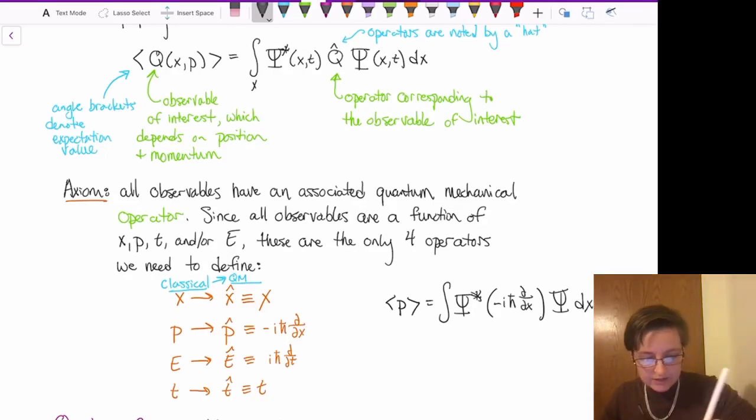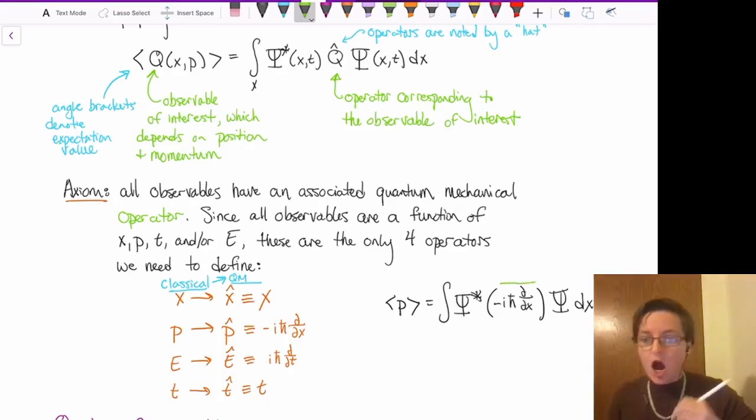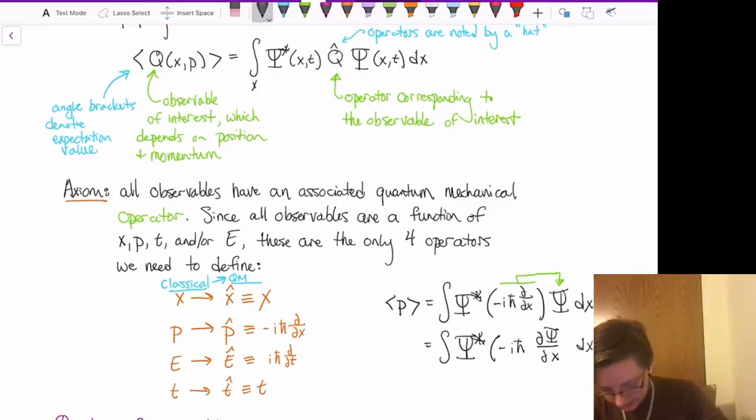And here's our rule about operators: operators take whatever this operation is, in this case, for p, the operation is to take a derivative, and you're going to apply it to the function to the right of it. And so how I can simplify this or clean it up into mathematical language that'll look a little bit more familiar is that, whatever psi star is, I am going to take the derivative of the wave function before I do my integral.